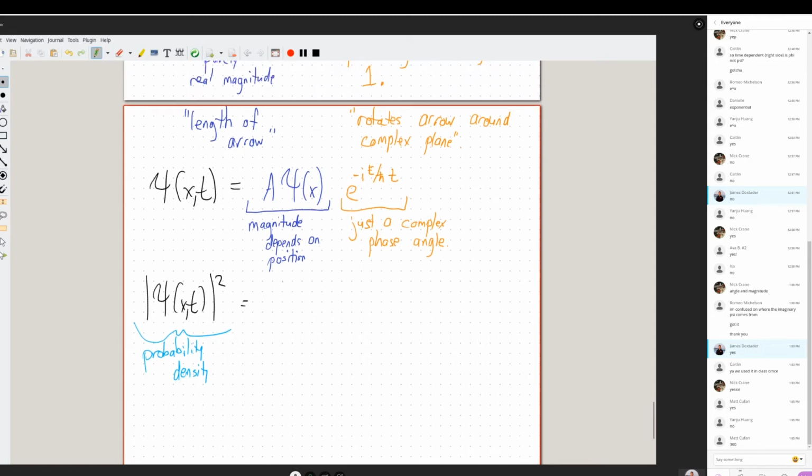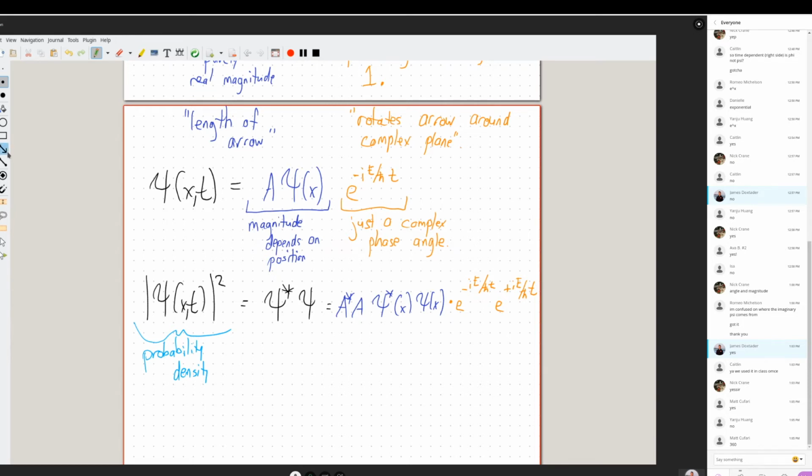well, let me write down one more thing first. So this is psi star psi, which is a star a, psi star of x, psi of x, that's the boring part, times e to the minus i E over h bar t times e to the plus i E over h bar t.